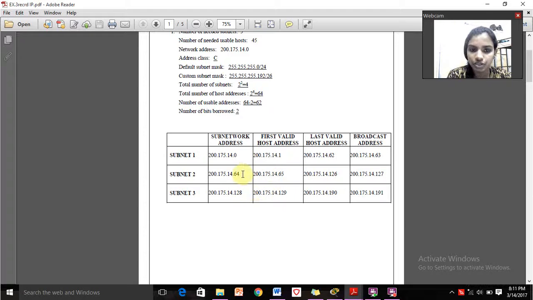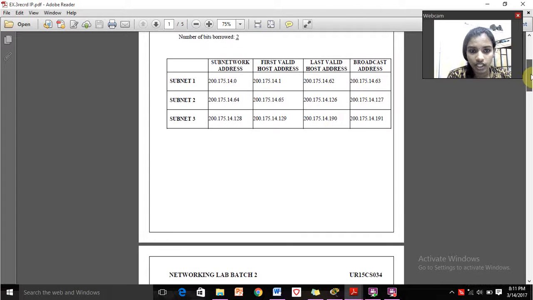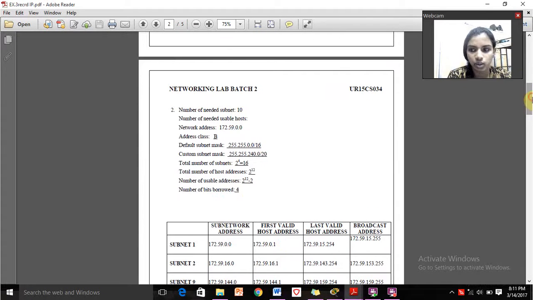Then the 64th will be the network address, and 65 to 126 will be the host addresses, and the broadcast address will be 127. Similarly, we can find the subnet addresses for all the networks. We can see another question.